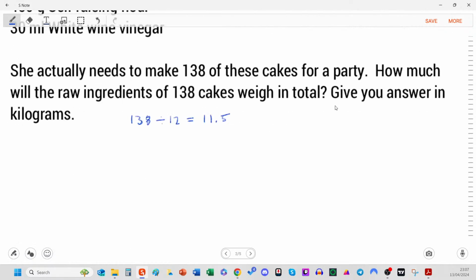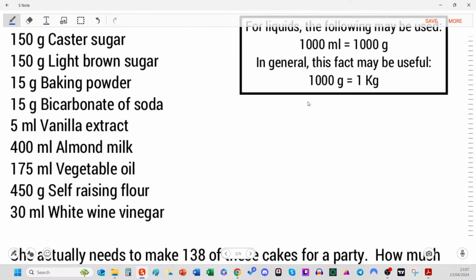It's strange, this question. Look, it says, what will they weigh in total? And then we look at the list and we have some milliliters. So where do these milliliters come from? How much do they weigh?